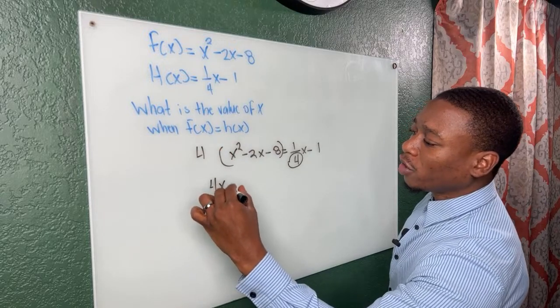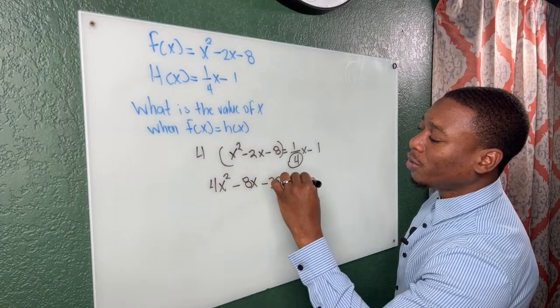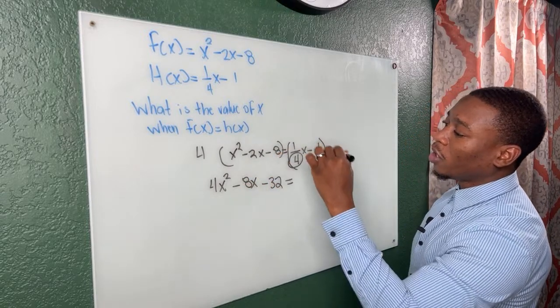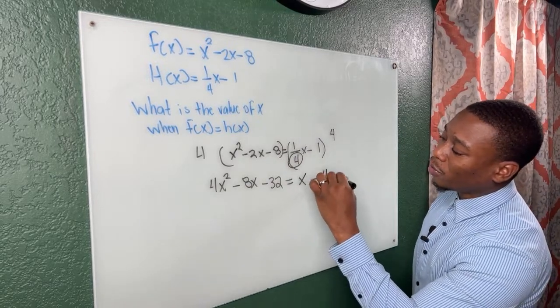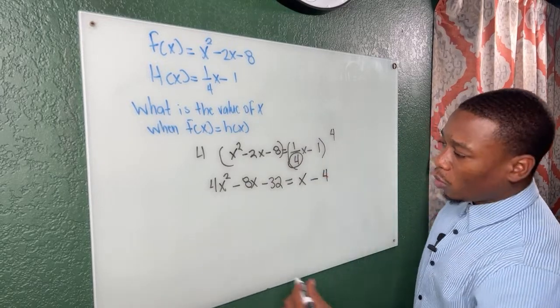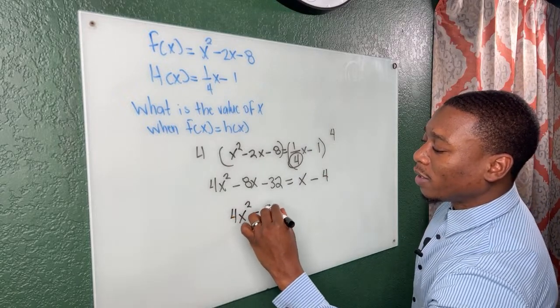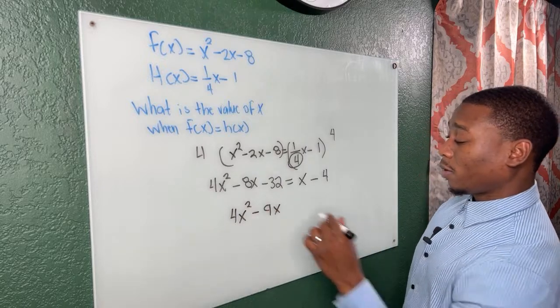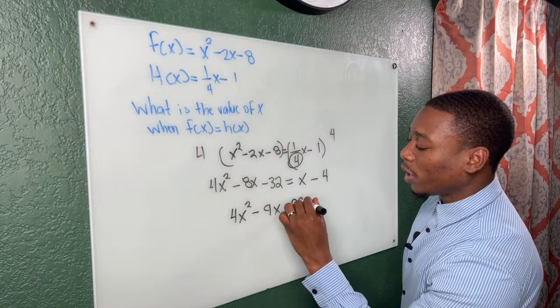I'll have 4x squared minus 8x minus 32 is equal to, and then once we multiply by 4 on this side, we'll get x minus 4. Now we're going to go ahead and combine like terms. So we'll have 4x squared minus 9x plus, oops, not plus, I'm sorry, minus 28.